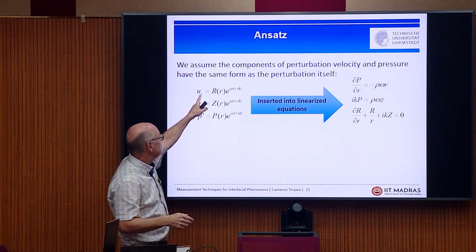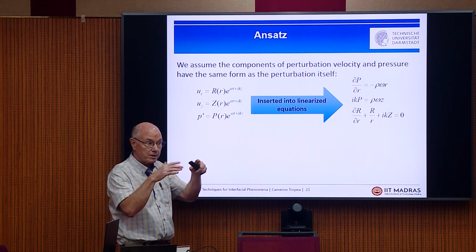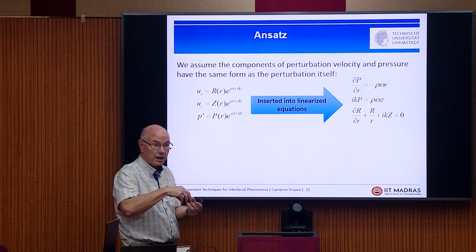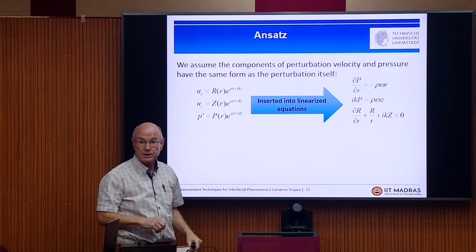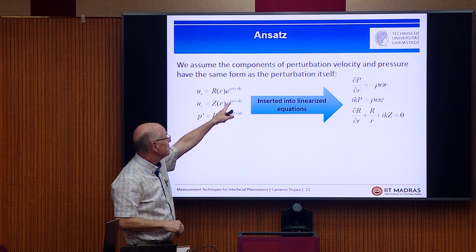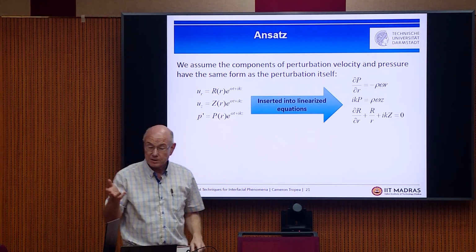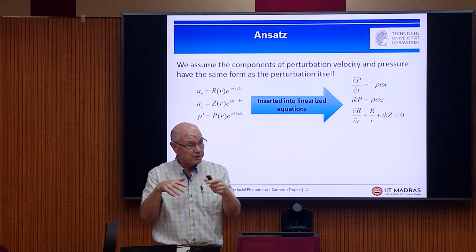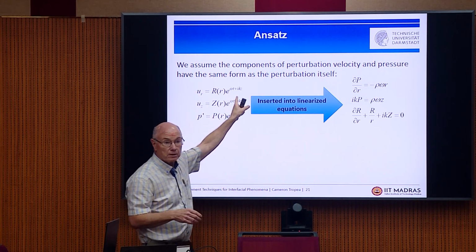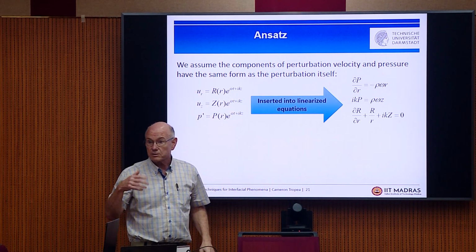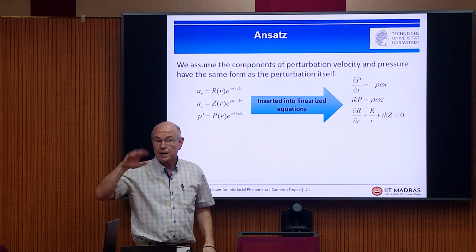We're going to have a small radial velocity where this disturbance is. We're going to have an axial velocity, and the pressure is going to change. And we're going to hypothesize that they change the same way that R is changing, this disturbance, with some sinusoidal variation, cosine sine, in time and space.